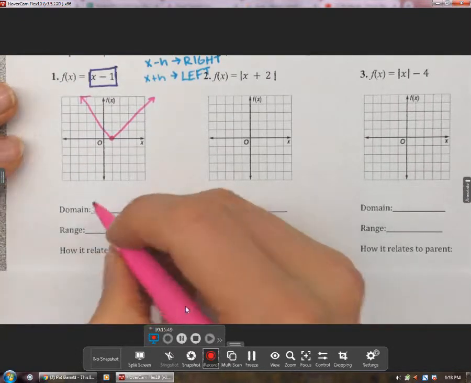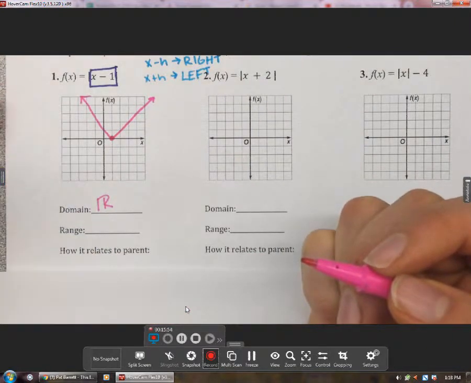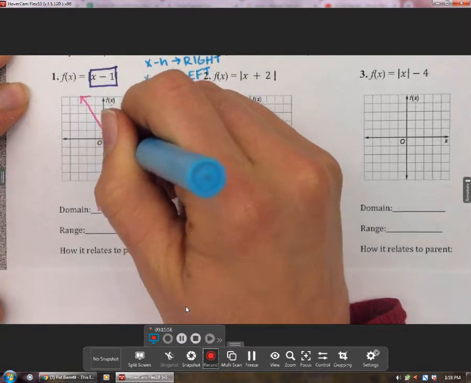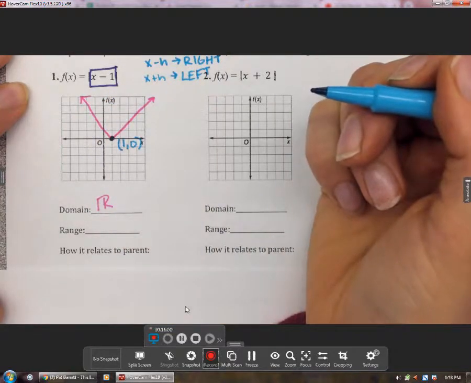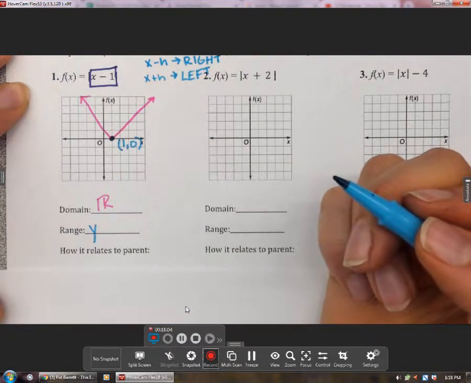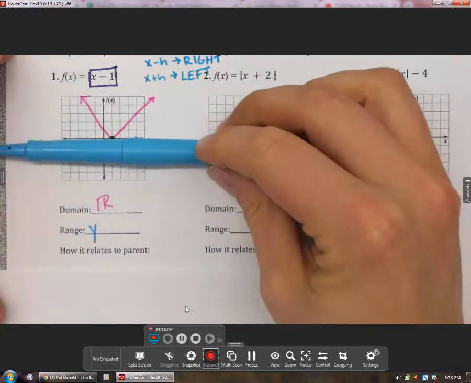What's the domain? All real numbers. Range, we've got to think about. We'll put our pencil on the vertex. It's the point 1, 0. Range is talking about y. Is my graph above or below my pen?